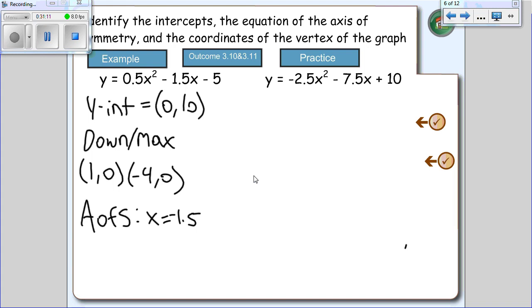So y is equal to -2.5 times 1.5 squared minus 7.5 times -1.5 plus 10. What do you get when you do all that?